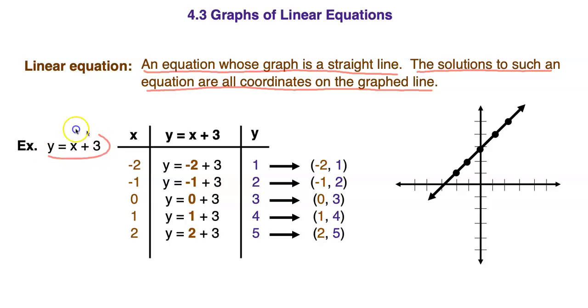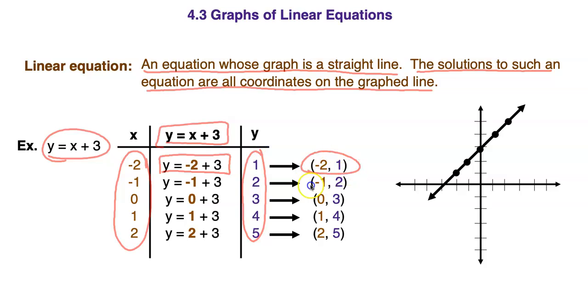So here's our equation. We put in some random values for x, trying to keep them as values that didn't make our graph too big, so we kept our numbers low. We substitute our values in our original equation here, and then as a result, we obtained y values.